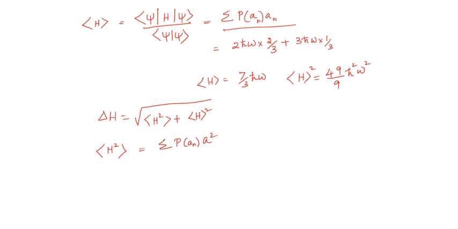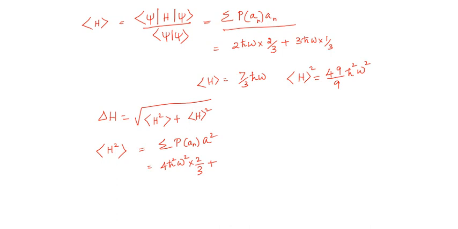So this is the formula. You have to square 2 h cross omega. So you will be getting 4 h cross squared omega squared into the probability, which is 2 by 3.